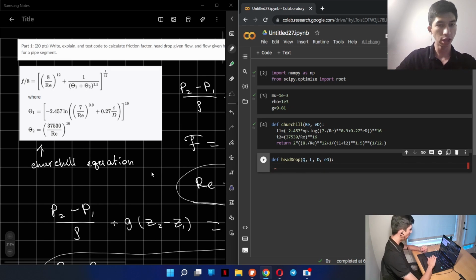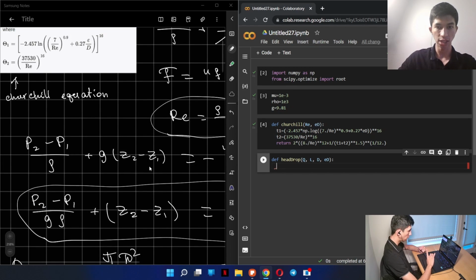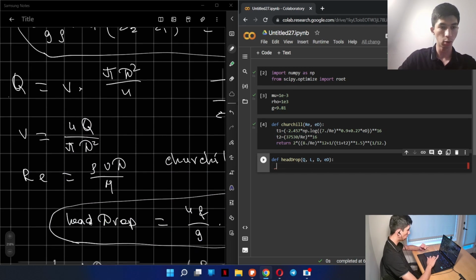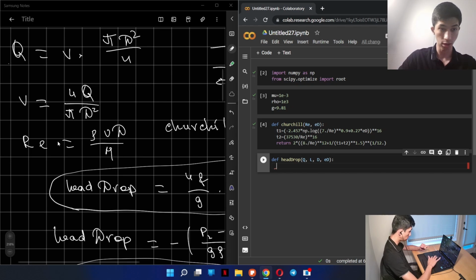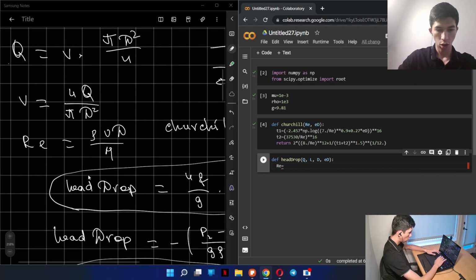So for the head drop, we need to supply the rate. To the inside, we need to supply the Reynolds number equation. This one is equal to rho times the velocity times the diameter over mu.